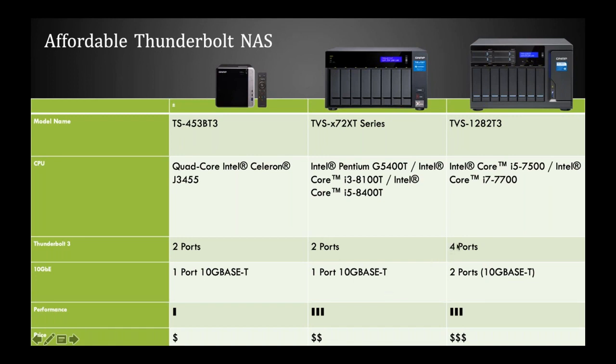So if you want more simultaneous Thunderbolt connections, or you want to aggregate maybe 2 10G ports into your switch for some faster network performance, the 1282T3 is great. But if you don't need that many ports, I would say that the performance of both of these NAS is excellent. And the 72XT series has an excellent price point. The 8-bay is about $1,900. So either of these NAS really are excellent, and I highly recommend these options.